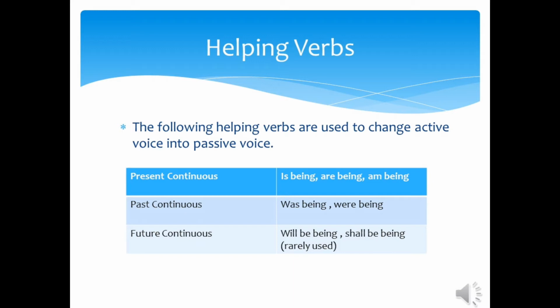Students, as I told you in the first lecture, I will repeat it again to remind you. Is being will be used with all singular subjects. Are being will be used with plural subjects.